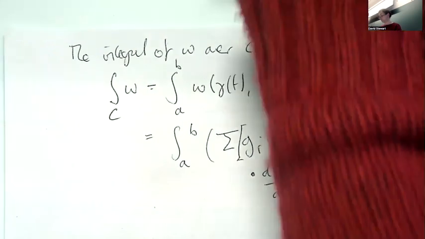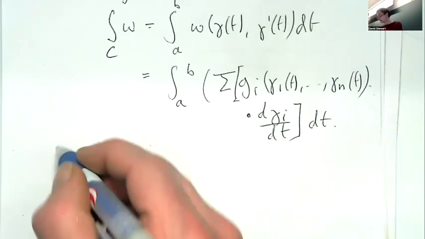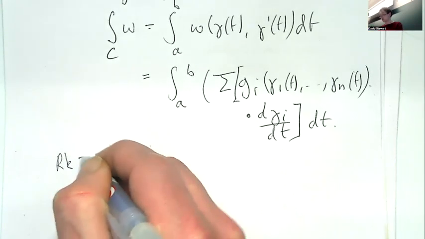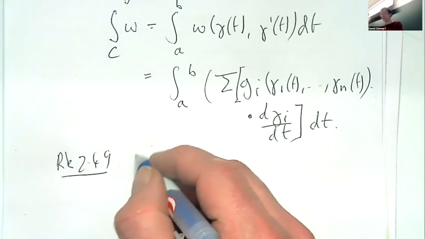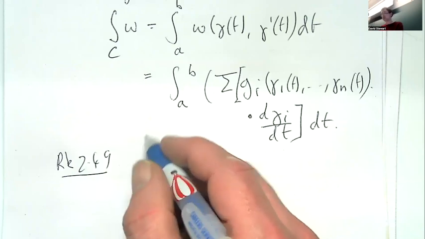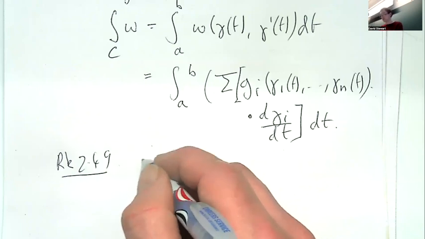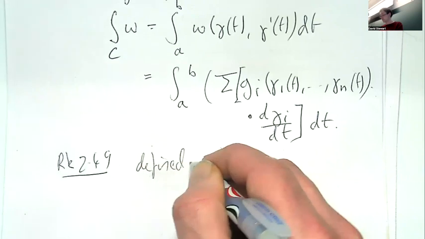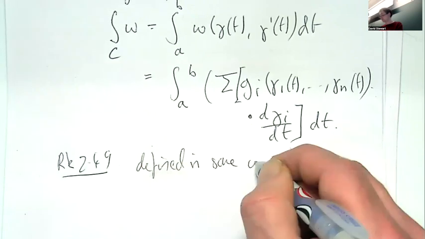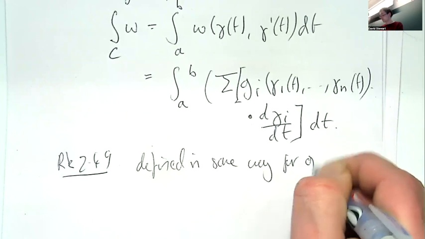So just a quick remark, 2.49, you may define this over open intervals as well. So this is defined in the same way for open intervals.